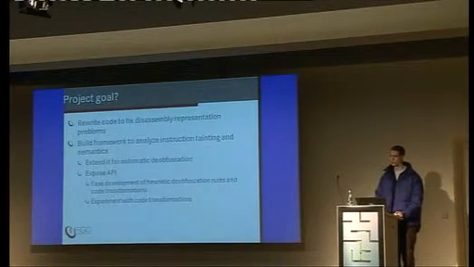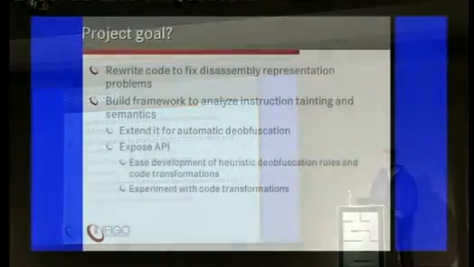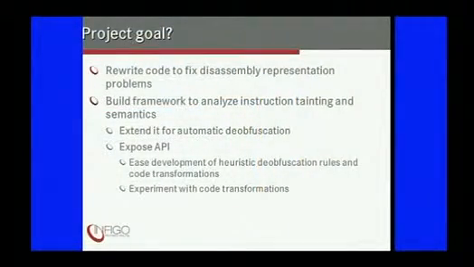Project goal: to rewrite code to fix disassembly representation problems. If you have a disassembly listing, you would like to join all the code associated with a specific function and rewrite it to another segment. In that segment, you can exploit all traditional code analysis tools and plugins, like the decompilation plugin for IDA, or your own algorithms that work on traditional code.